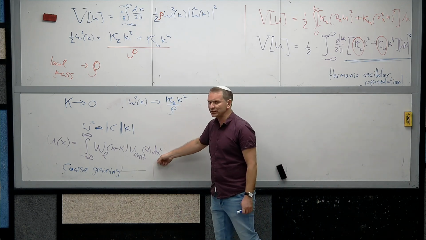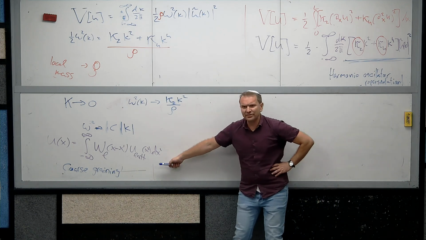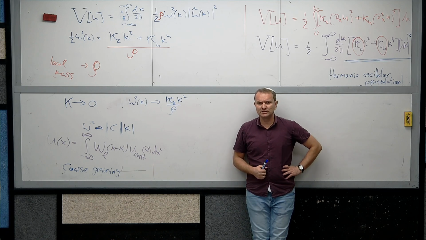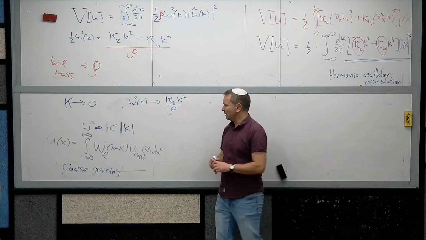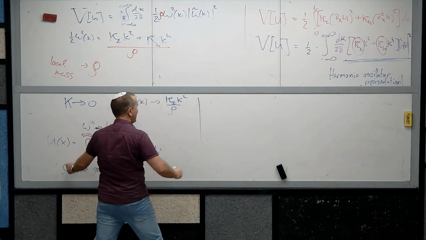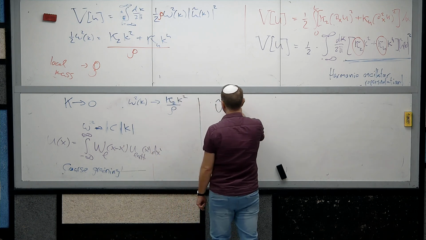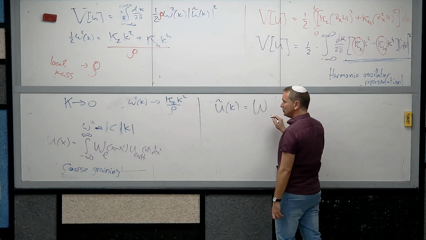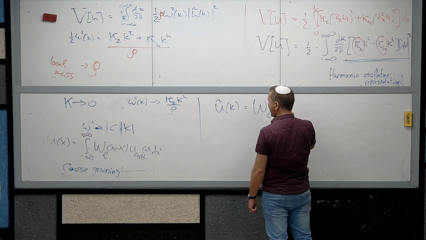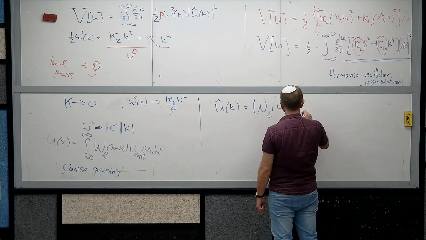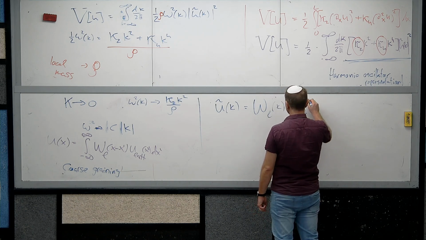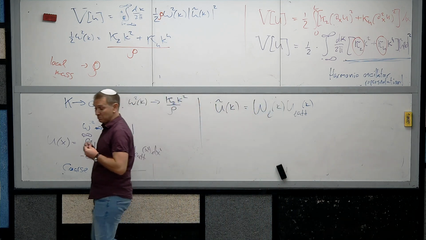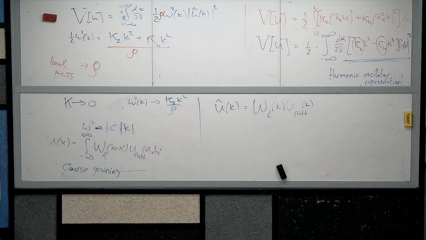And what exactly is this coarse graining procedure? It's a convolution. So if it's a convolution, I know that u tilde of k is w L of k times u lattice of k. This is just a property of the convolution.